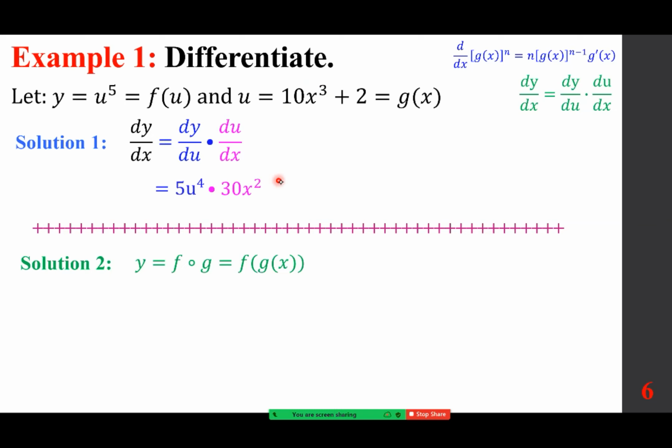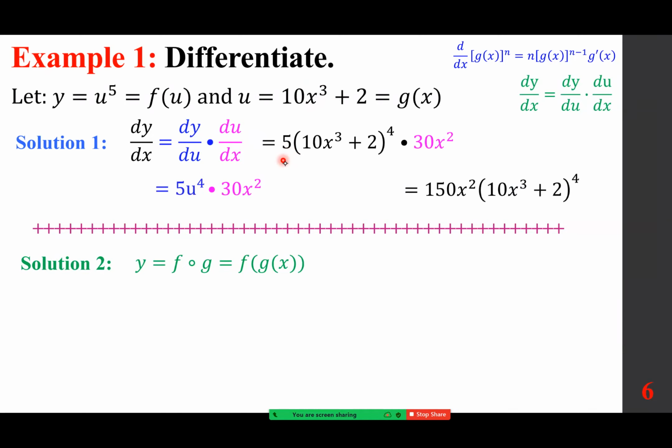Practically, we're done. We have to replace the u with 10x cubed plus 2. We're going to multiply the 5 by 30x squared and put it in front: 150x squared times 10x cubed plus 2 to the power of 4, and we're done.